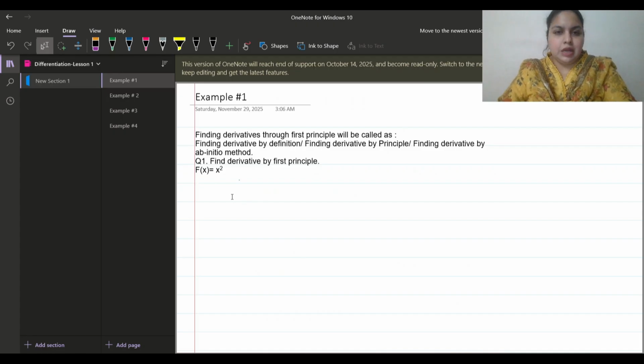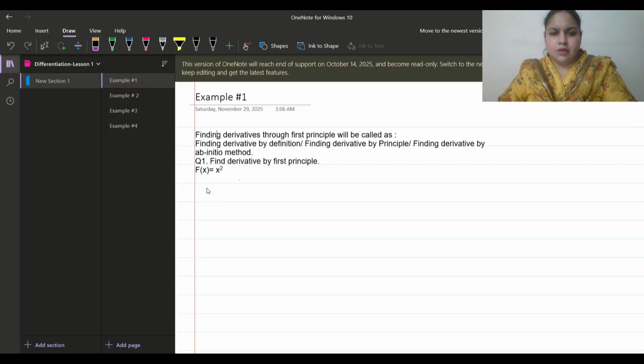Let's quickly start the question. We need to find the derivative from first principle of f(x) equal to x squared. Since this is the first point, we need to find the second point. Our second point will be (x plus h) whole squared.